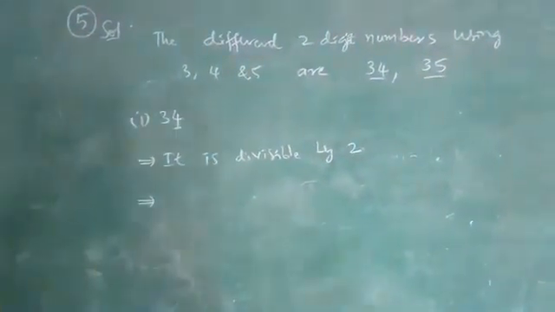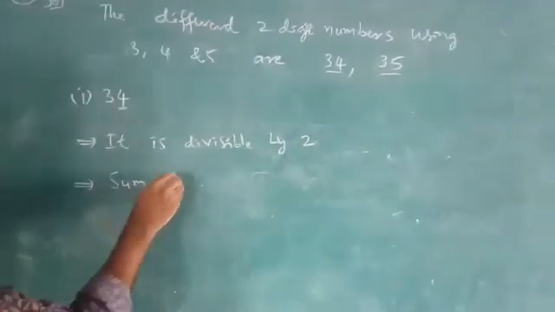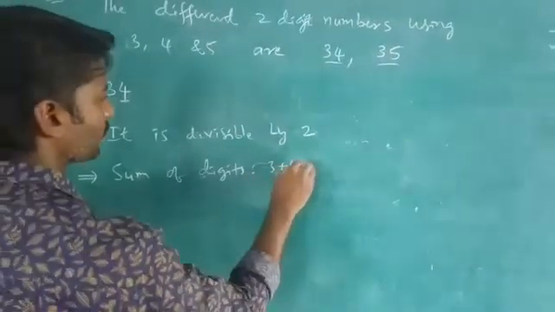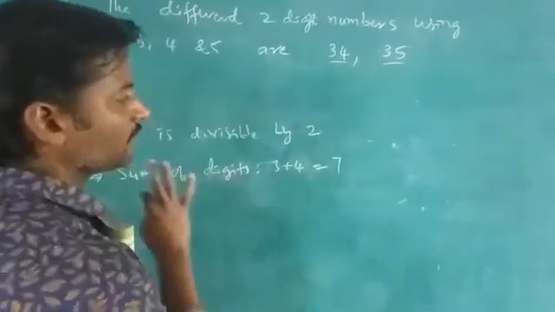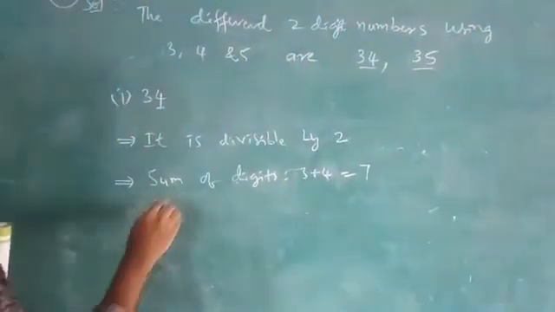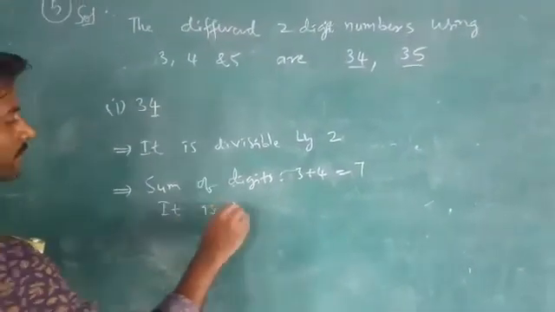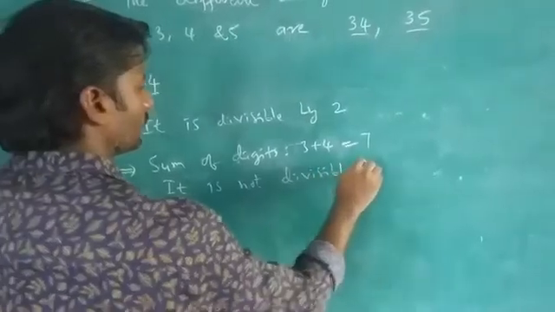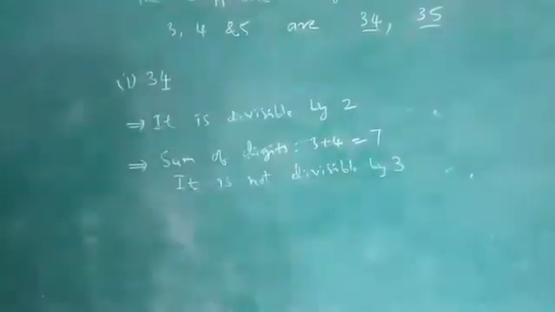Next one, 3. What to do for 3? Sum of the digits. Add them, 3 plus 4. Answer is what here? 7. 7 is not divisible by 3. So right here it is not divisible by 3.